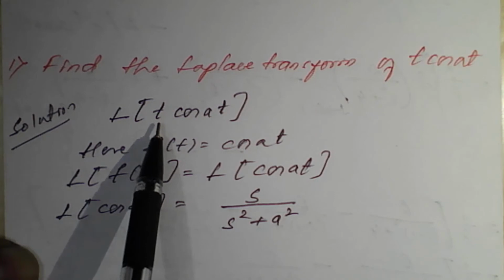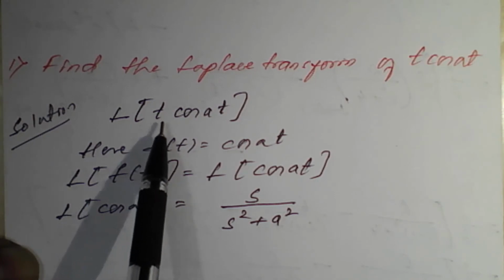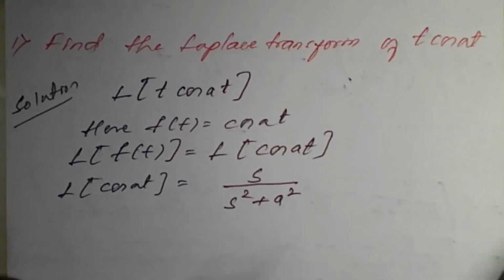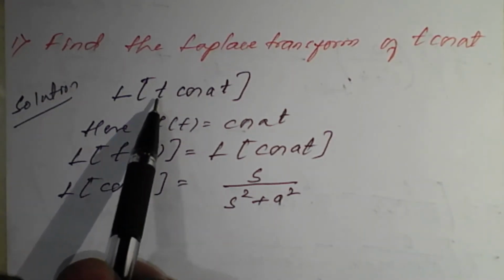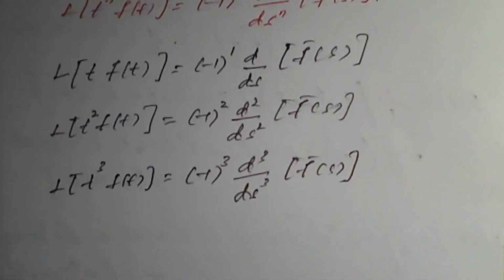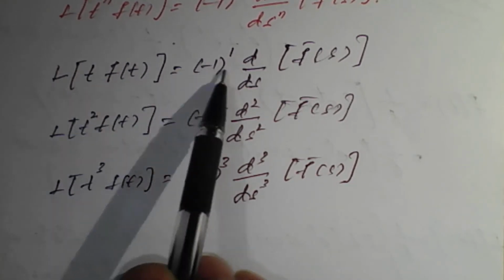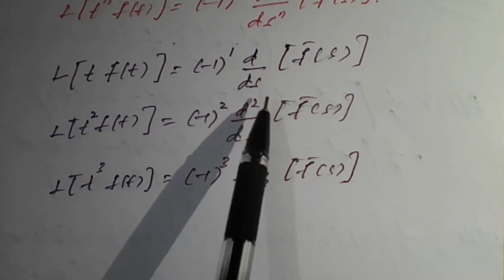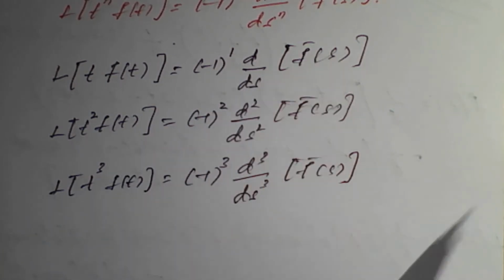Now we'll multiply t to both sides. As we know, t to the power 1 means it will be minus 1 raised to 1, which is nothing but minus 1 itself, d by ds of f dash of s.